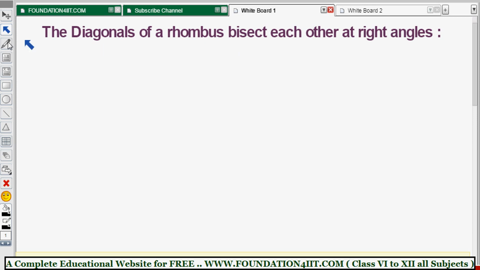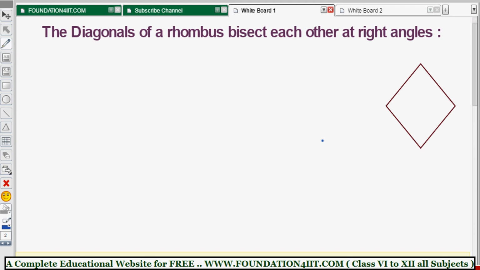So let me show you the diagram. Let's take one rhombus. All the sides are equal in a rhombus and opposite sides are parallel. I need to prove that the diagonals of a rhombus bisect each other.